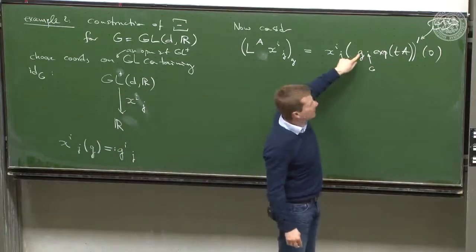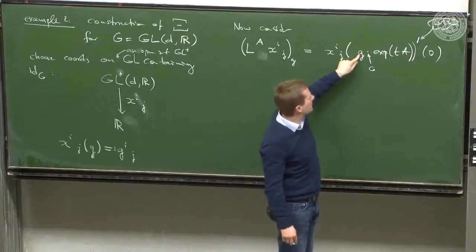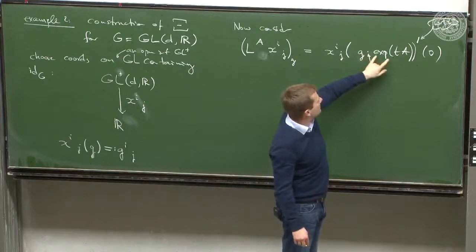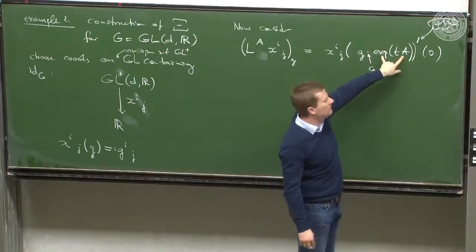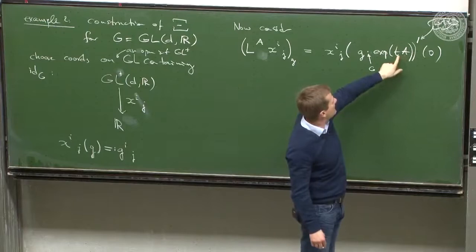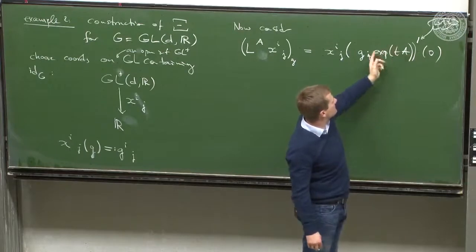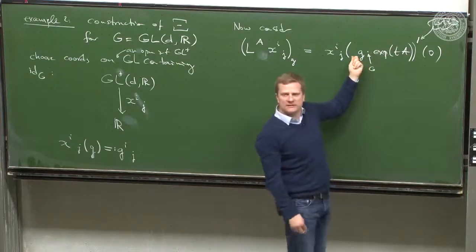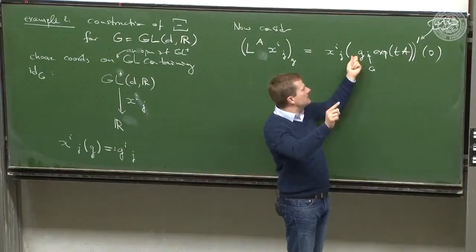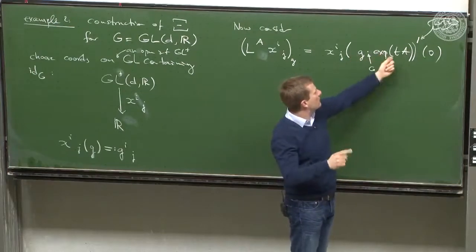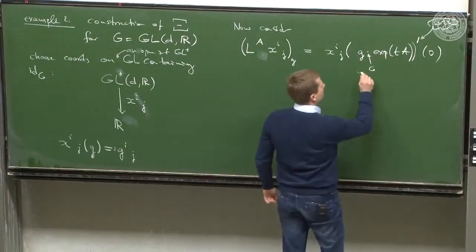You take a point g of the Lie group, and then you multiply with the exponential map of t times A. This tA is the one parameter subgroup generated by the A. If t is 0, this is just the identity, so you're at the point g, and if t increases, you move away from the point g. So this is a curve.